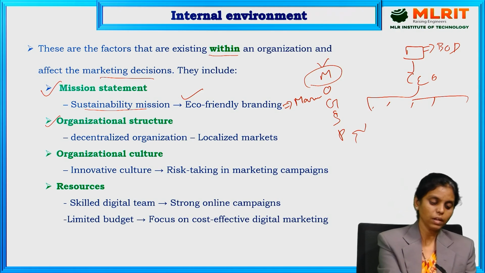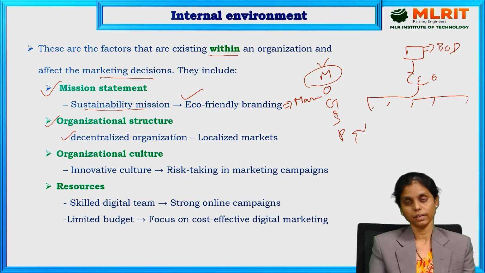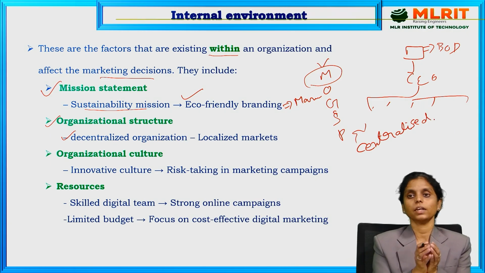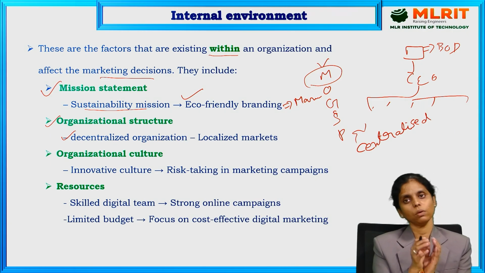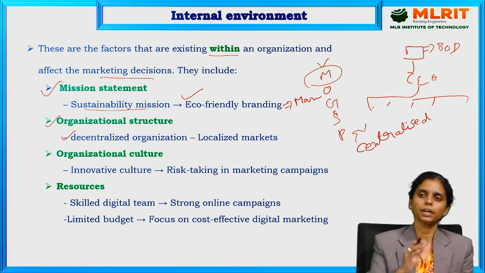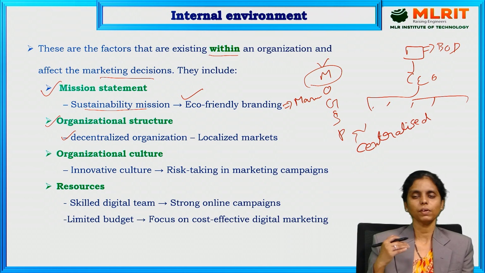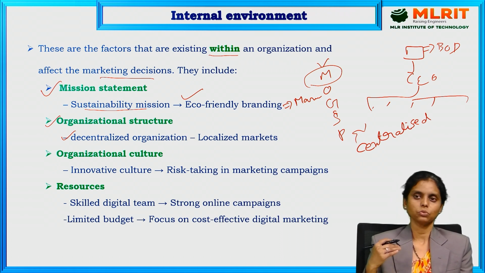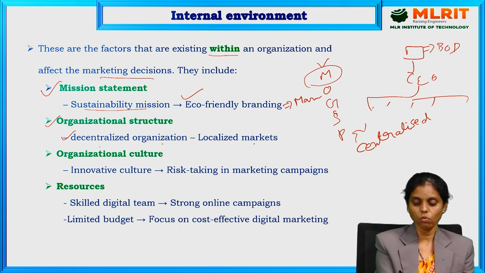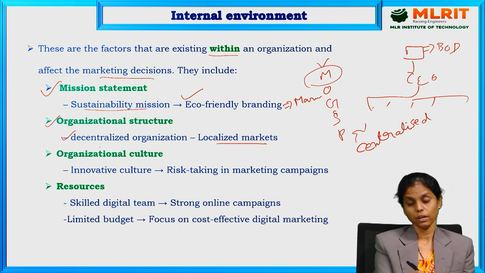For example, centralized and decentralized organization. What is the meaning of centralized organization structure? Where all the decisions are present in a single hand, we call that a centralized organization. Decentralized organization means at every level they are giving decision making authorities to their next subordinate. Now let us assume that when the organization is decentralized, then they will go for localized products.